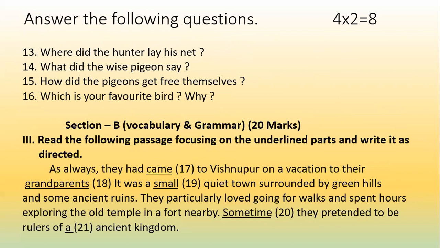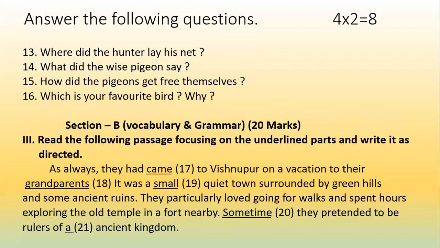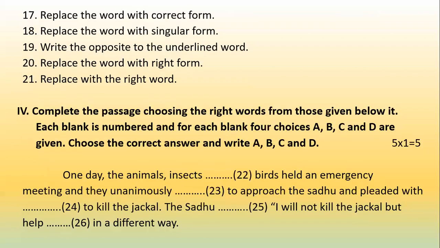Then 19th question, write the opposite to the underlined word. Okay, children? So underlined word is small. You know the opposite word, big. So you have to write 19 and write big. Then 20, replace the word with right form. Okay, children?